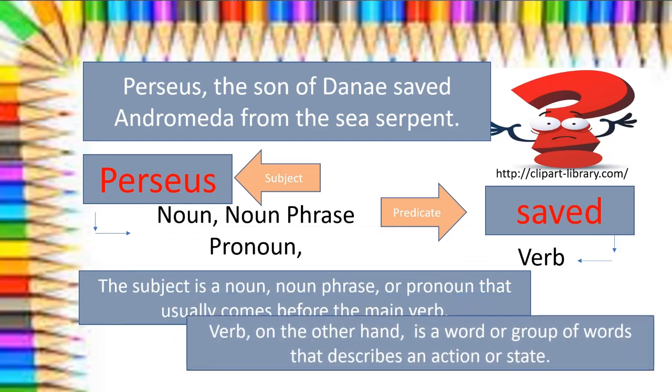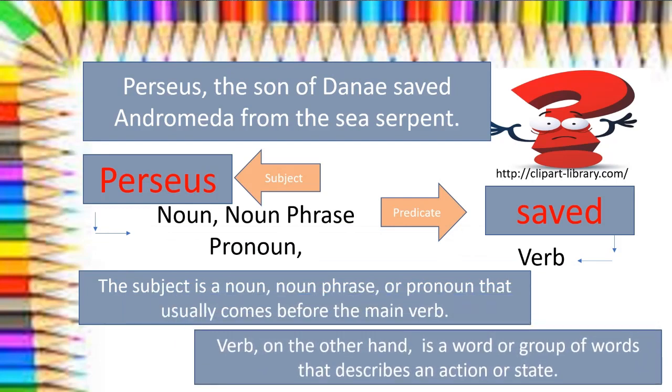Now, talking about the predicate is the verb. It is the word or group of words that describes an action. The verb tells about what the subject is doing. The word saved is our simple predicate, while saved Andromeda from the sea serpent is our complete predicate.